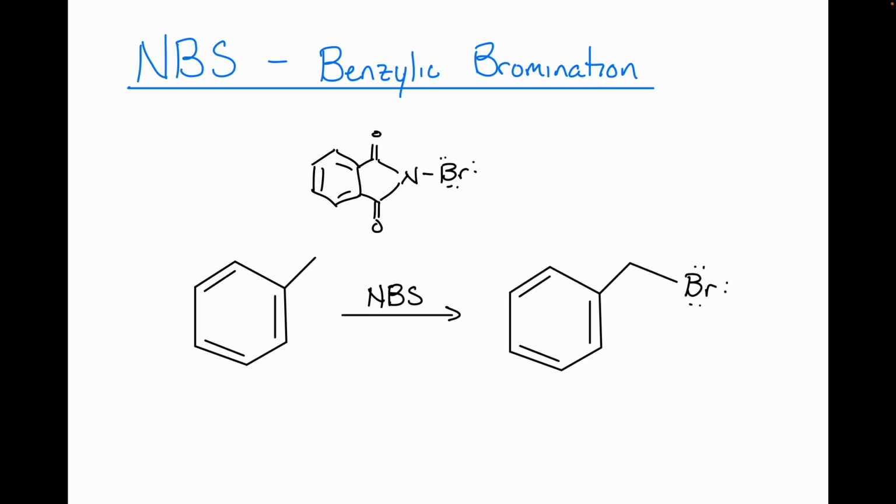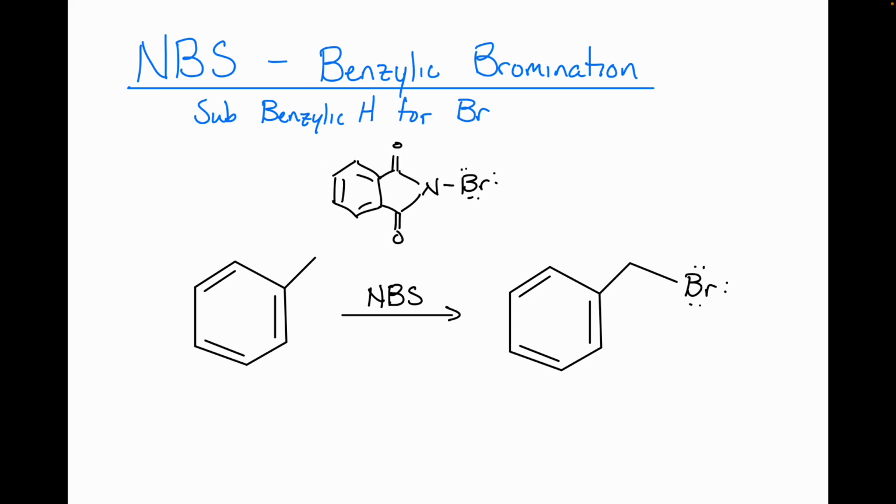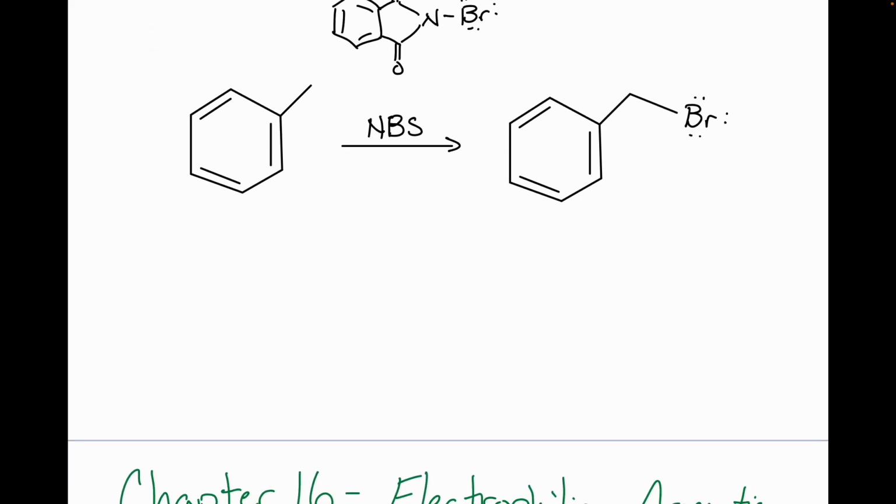So in these reactions, we substitute a benzylic hydrogen for a bromine. One of those implicit hydrogens on that methyl group, which I don't draw out, is going to be substituted for that bromine atom. Let's do the same thing, but now we're going to take our propylbenzene and treat it with that same reagent.